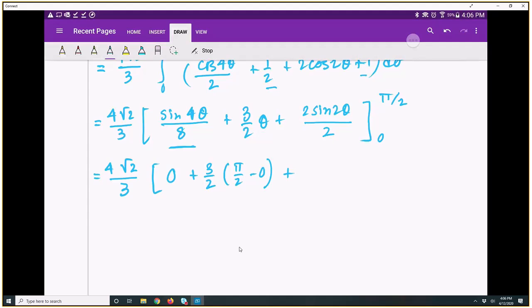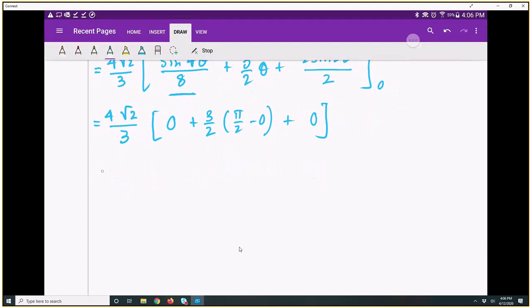If theta is pi over 2, then 2 theta is pi, sine pi is 0. If I put theta equal to 0, sine 0 is 0, so no contribution. So I get 4 square root of 2 over 3 times 3 pi over 4. When I simplify, 3 and 3 cancels, 4 and 4 cancels, square root of 2 pi.